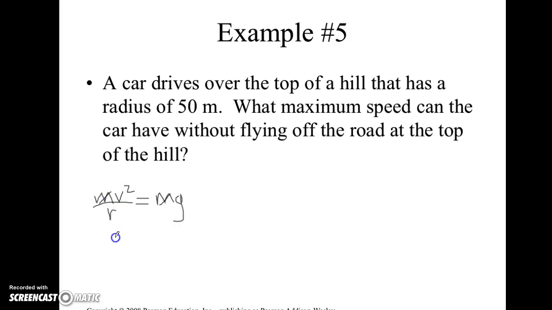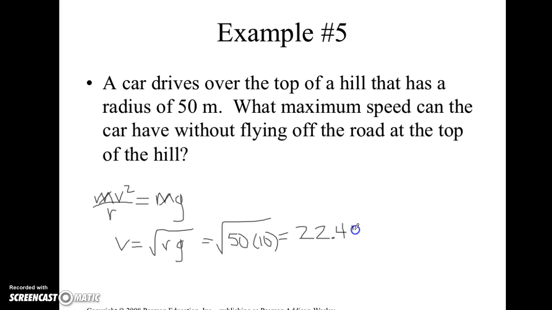Masses cancel, so if I want to find v, it's the square root of rg. And so if I plug the numbers in, I have 50 for r, I have 10 for gravity. Square root of 500 is 22.4 meters per second. And so that is the end of the chapter 8 notes.